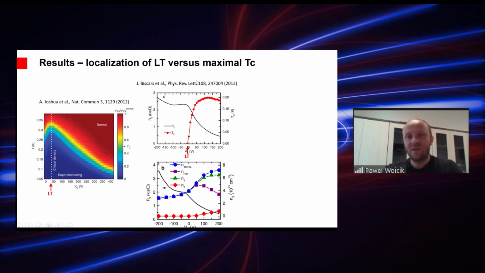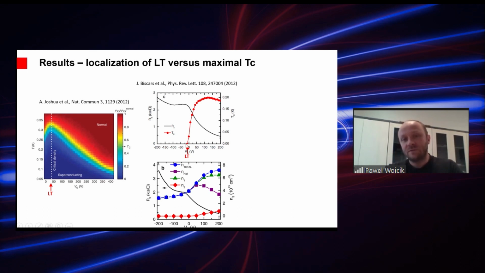Because if you look at this paper, for example, also from 2012, you can see here you have results from Hall measurements, and you can see that the population of the higher lying band appears around zero gate voltage.